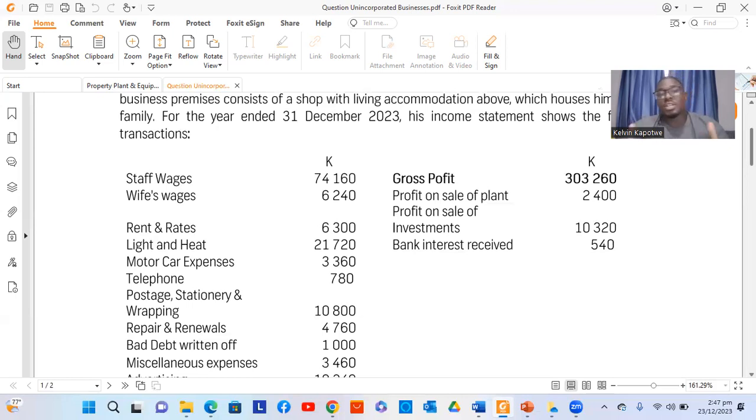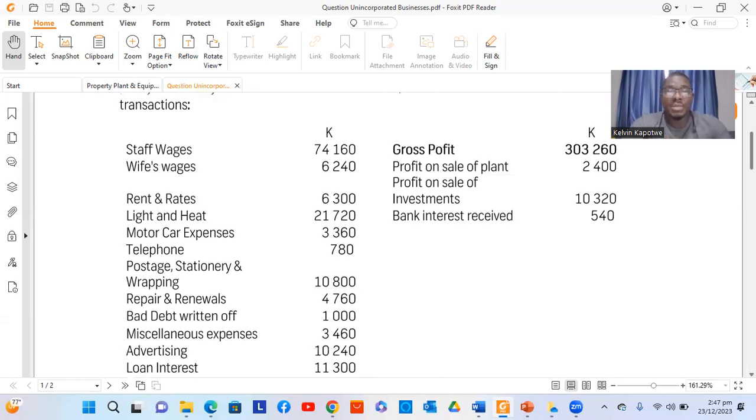Then you've got postage, stationery and wrapping expense amounting to 10,800 kwacha. Then you've got repairs and renewals amounting to 4,760. Then you've got bad debts written off amounting to 1,000 kwacha. And then you have miscellaneous expenses amounting to 3,460. Then we have advertising costs amounting to 10,240.